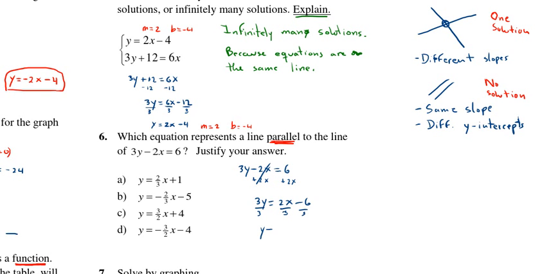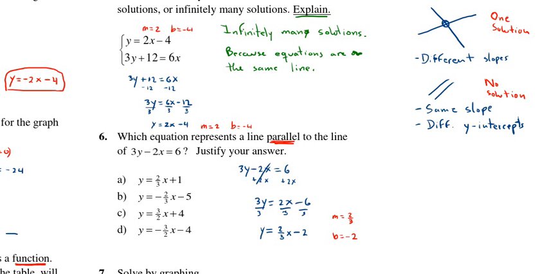And that will give us y is equal to, 2 is not divisible by 3, so I'm not going to divide. I'm just going to keep that as 2 over 3x, and negative 6 divided by 3 is negative 2. So we have a slope of 2 over 3 and a y-intercept of negative 2.